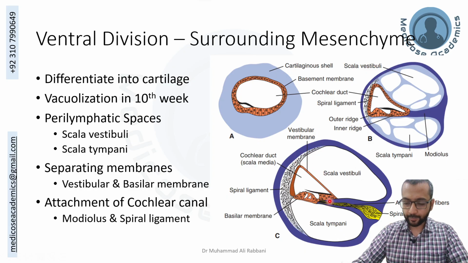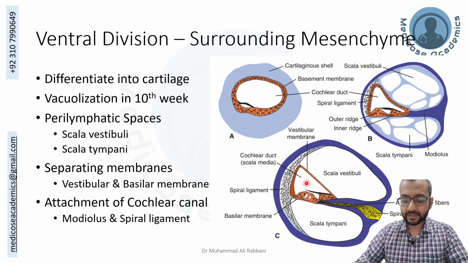The part that separates the cochlear duct, or scala media, from the scala vestibuli is called the vestibular membrane, and the scala tympani is separated from the scala media by this membrane, called the basilar membrane. This is the basilar membrane that gives attachment to all these sensory hair cells and supporting cells.